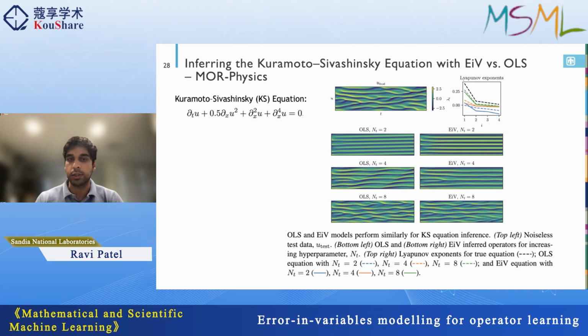You can actually get away with ordinary least squares. We're still examining why this is the case. We suspect that for learning operators that have some regularity, you don't actually need error in variables to recover them.